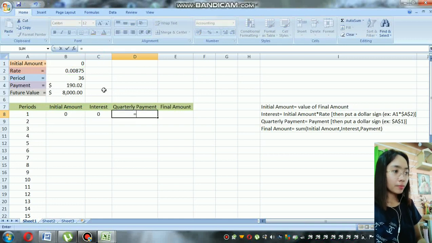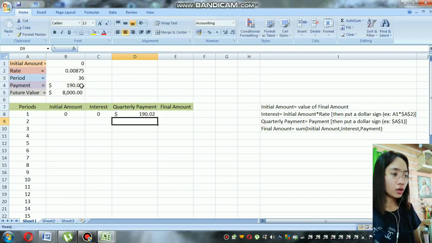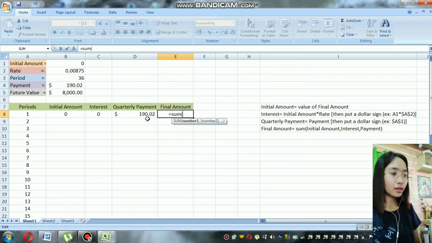And in quarterly payment, just copy the value of your payment, which is $190.02. Then put a $ sign before and after the letter. And then final amount, just get the sum of initial amount, interest, and quarterly payment, then enter.